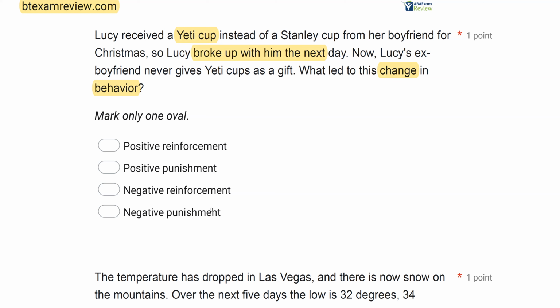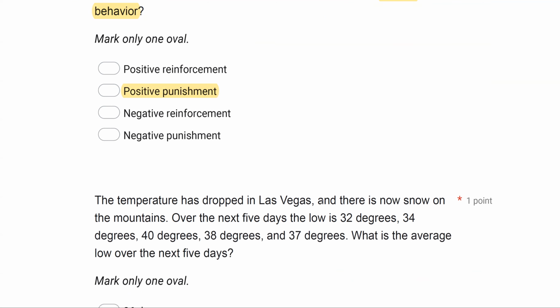What about C and D? Well, C and D both have to do with negative, and with Lucy breaking up with him, the stimulus was added to the equation, therefore it can't be negative. Additionally, it's not reinforcement, it has to be punishment. So the only options here are B or D, and since it was positive, because it was added, what led to the change of behavior is B, positive punishment.